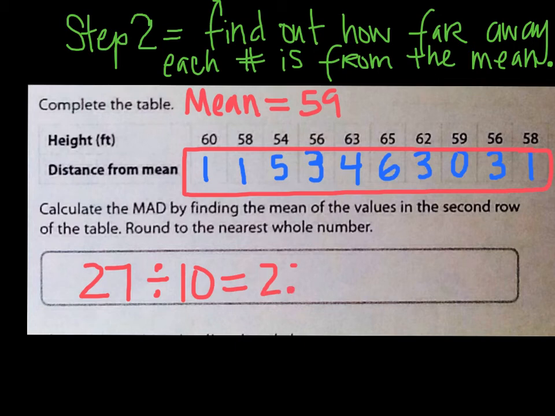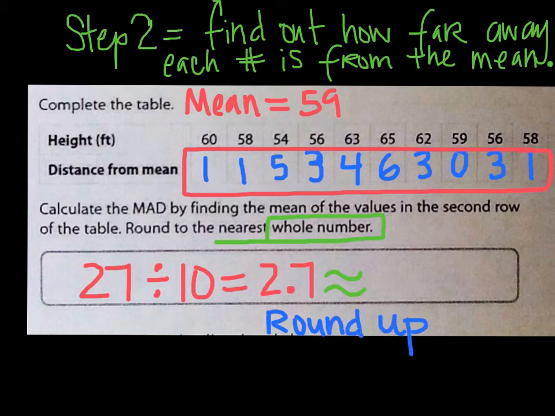That answer is 2.7. But again, the directions say to round your final answer to the nearest whole number. The digit behind the decimal is 7, so that tells me I need to round up. So my final answer should be 3 for my mean absolute deviation.